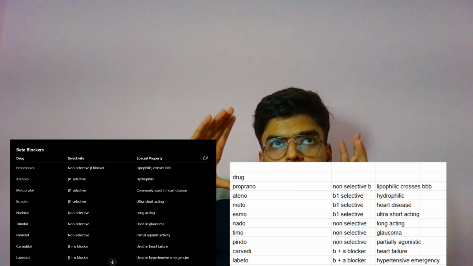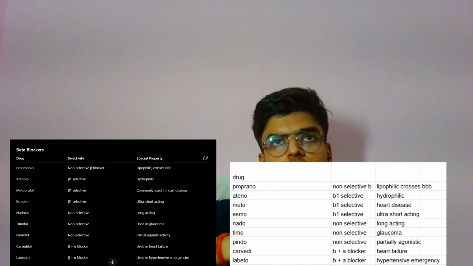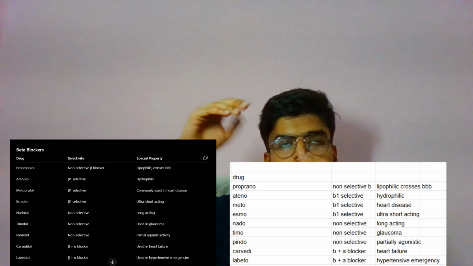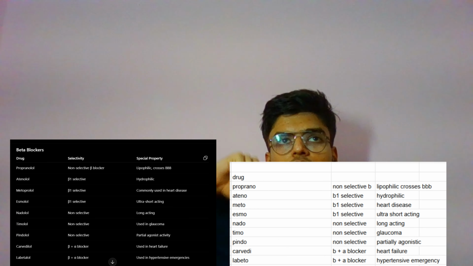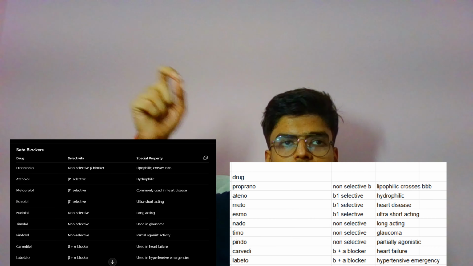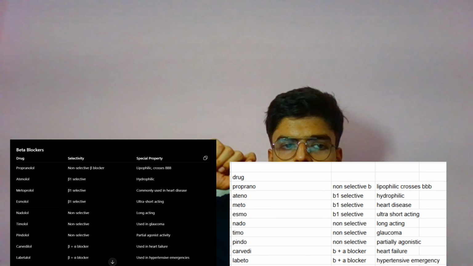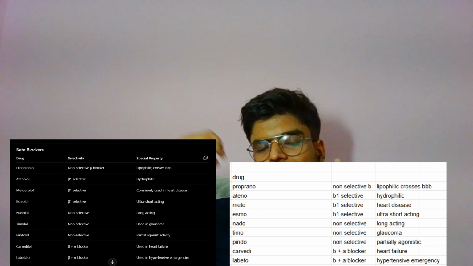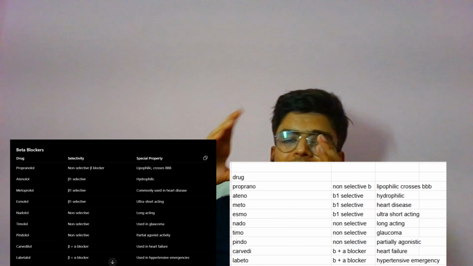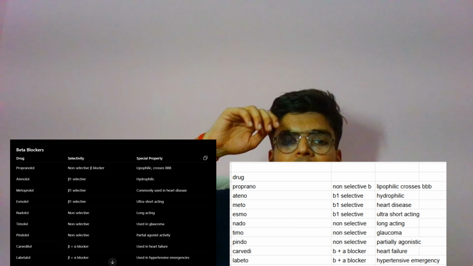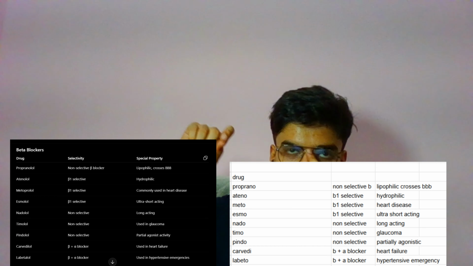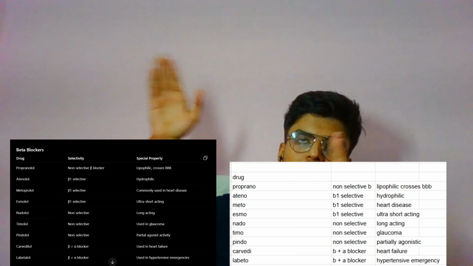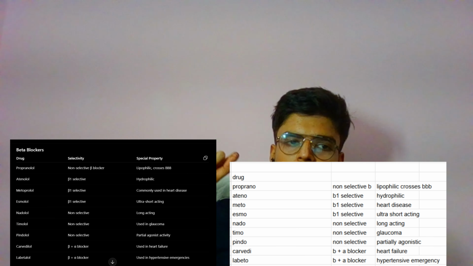You want to take proper medicine, so you need it to cross the blood brain barrier. The cell wall is made up of lipids, so in order to cross the blood brain barrier, it has to cross the lipid membrane. I have studied it in 11th biology, so I'm trying to connect it with my existing knowledge. Propranolol, lipophilic, crosses the blood brain barrier. So, in order to cross the blood-brain barrier, it needs to pass through the lipid membrane.